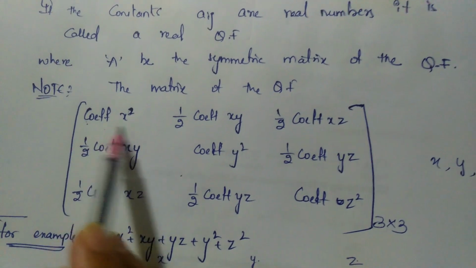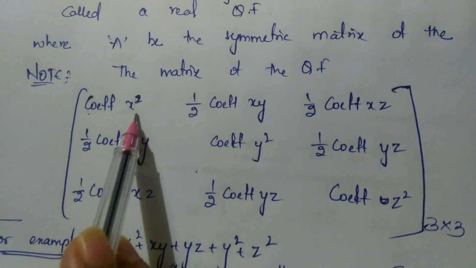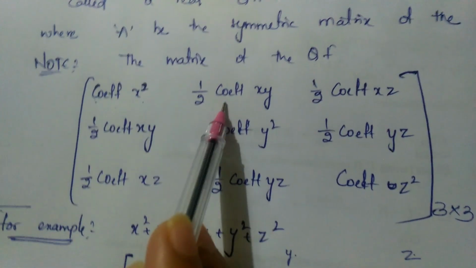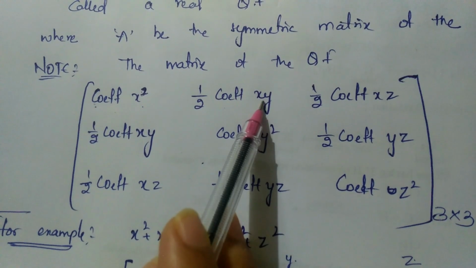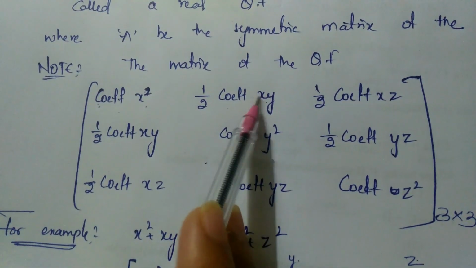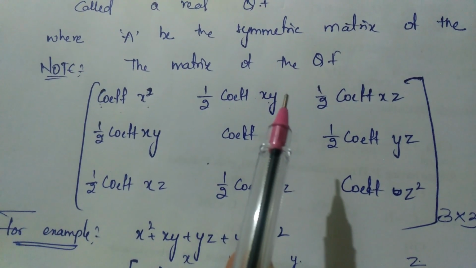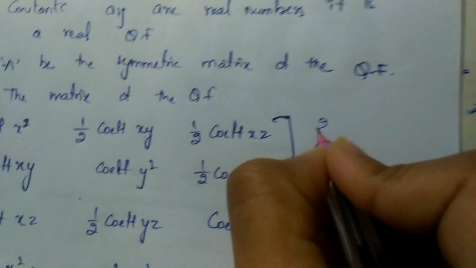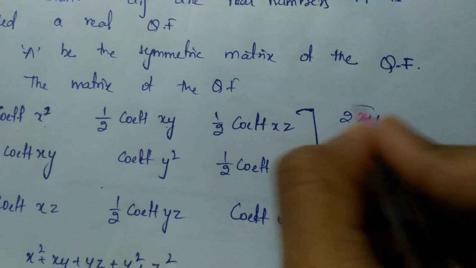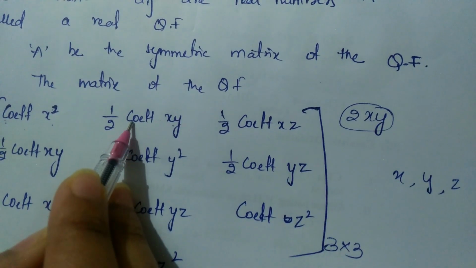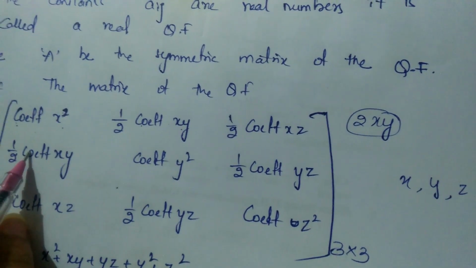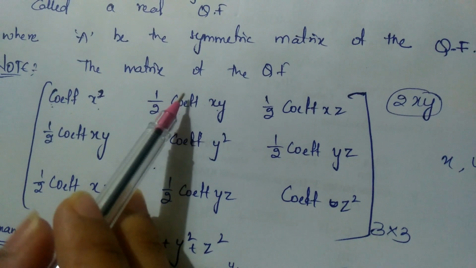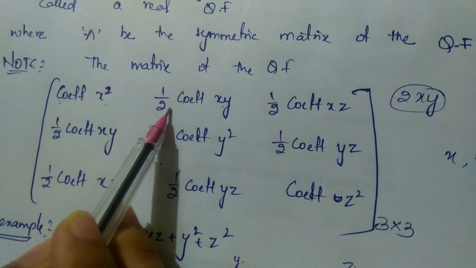Then the first element is the coefficient of x square, and the second is half of the coefficient of xy. So if in the equation we have 2xy, then half will be given at this place and another half will be given at this place. So 2 by 2 comes as 1.